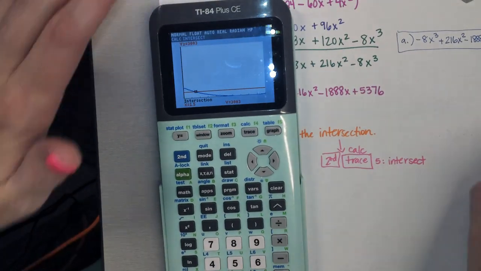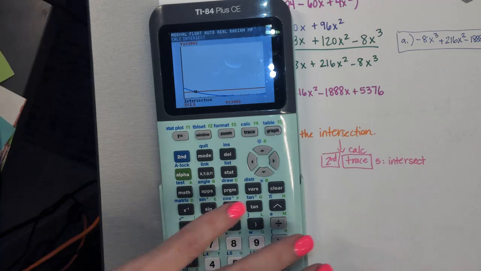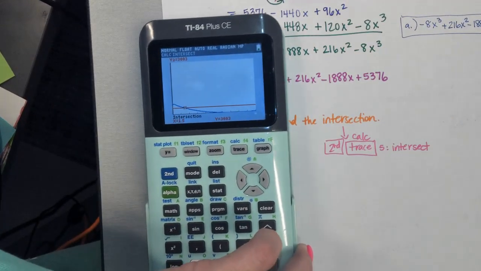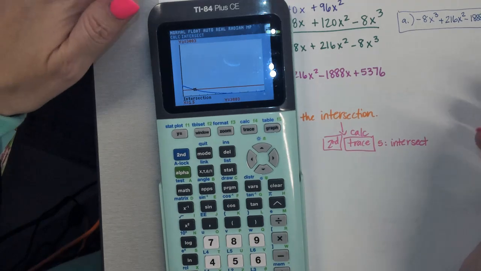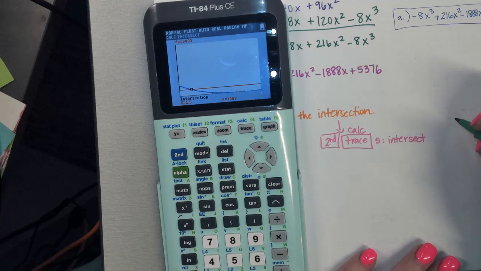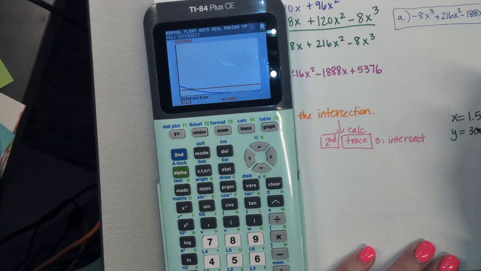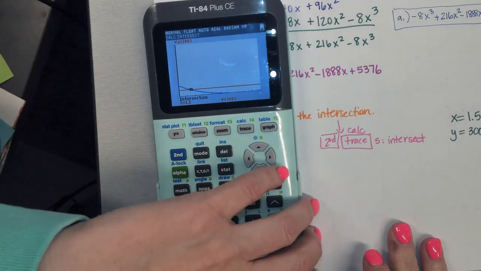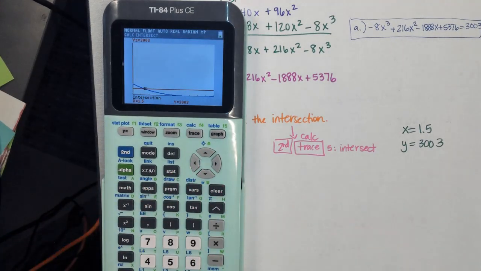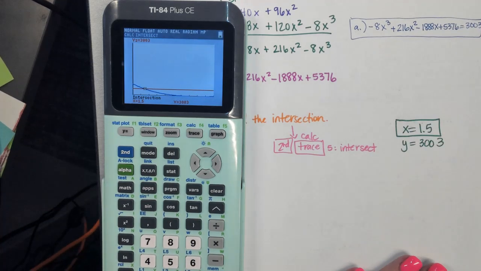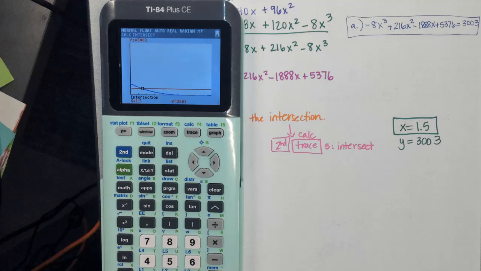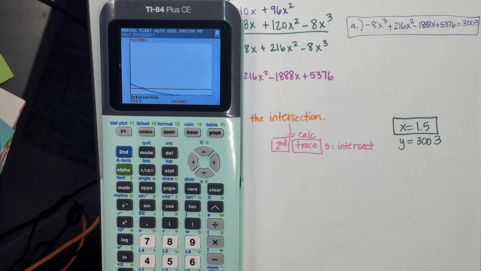Okay, so it says your X value is 1.5, okay, when Y is 3,003. So your X is 1.5 when your Y is 3,003. Okay, so your X value is going to be your solution. And that's what we're going to use for part C.